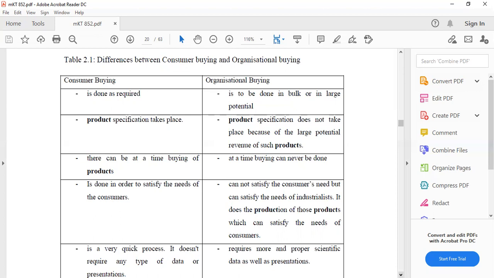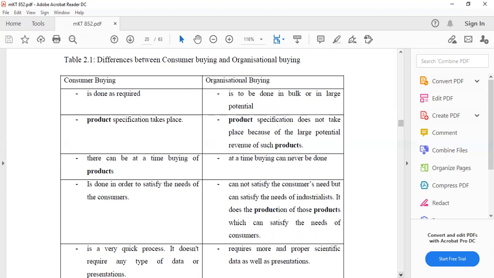Then the second difference is that in consumer buying, product specification does not take place, while in organizational buying, product specification takes place because of the large potential revenue of such products.